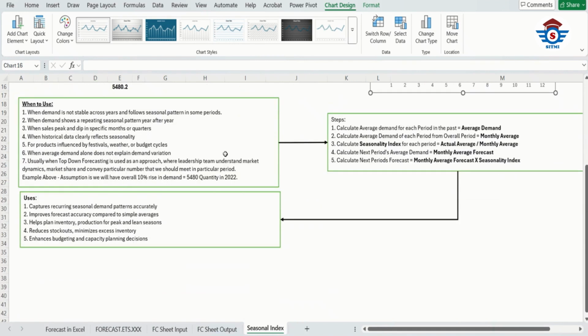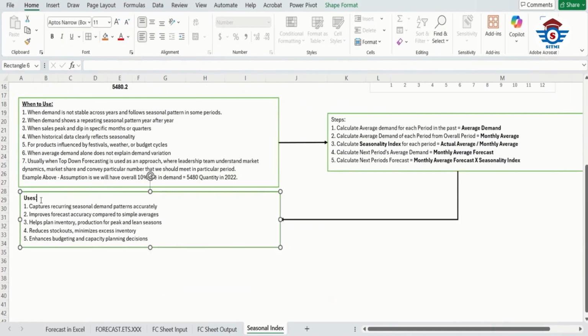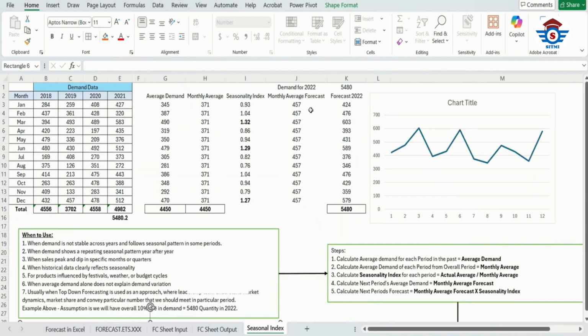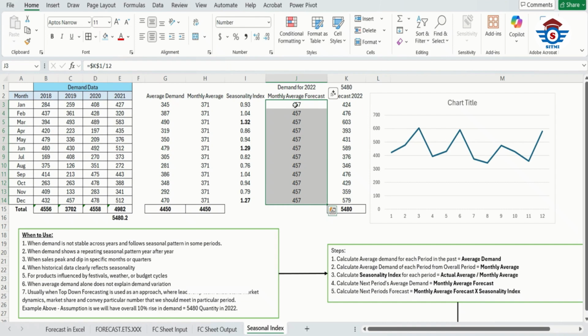Now, let's look at some of the uses or benefits of the Seasonality Index. The first benefit is the Seasonality Index captures recurring seasonal demand patterns accurately, and this helps to improve the forecast accuracy compared to simple averages. If we take a simple average, then the future forecast will show 457 quantity every month.